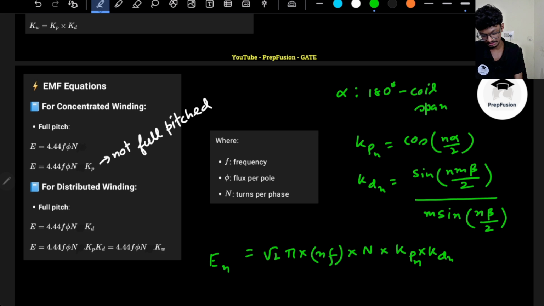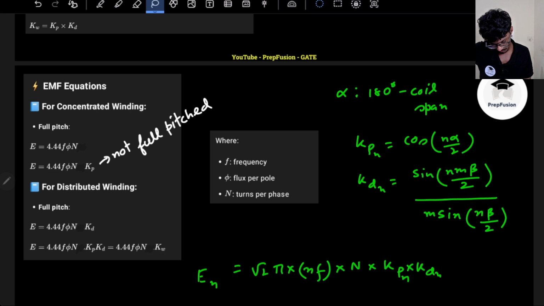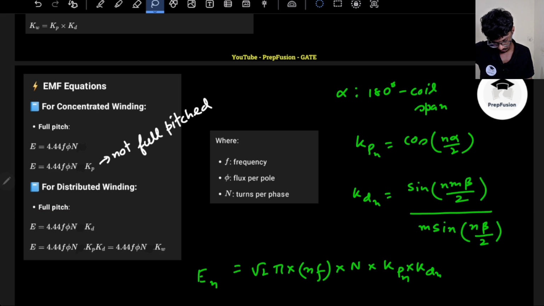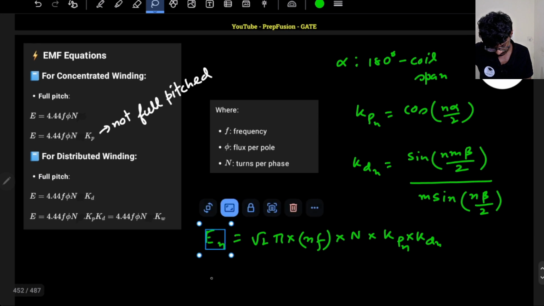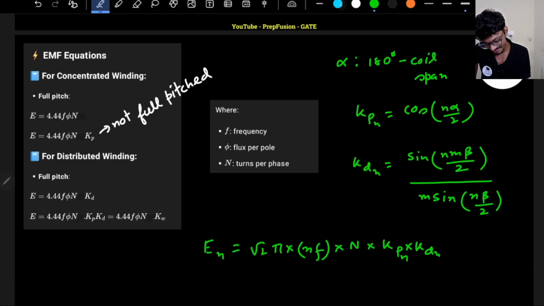So this is my Kdn basically. I hope you have understood this point. So this slide is the most important slide. Whatever we have discussed is important theoretically, but this slide is the most important one.